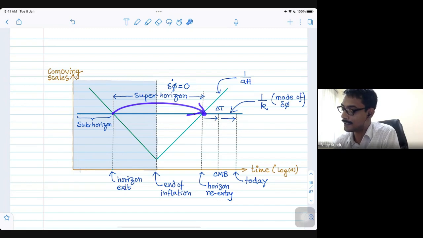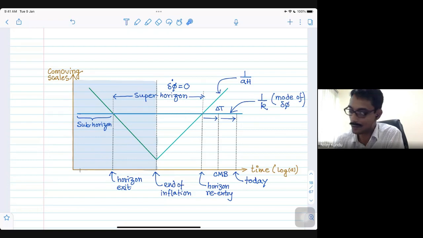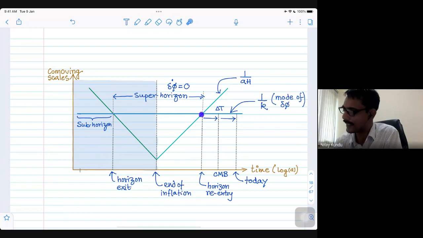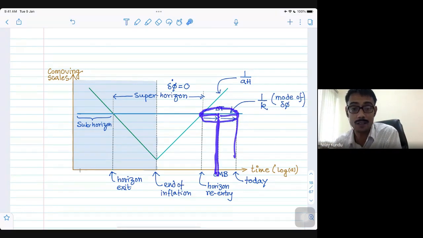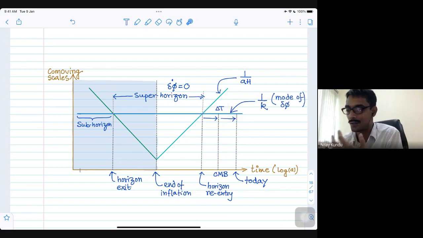But the physics starting from here is well known. This is standard Big Bang cosmology. So if we know the mode here, then there are standard techniques. You can write computer codes to translate it to the CMB when the CMB was formed, and then today. I'm not saying that this physics is trivial. It is non-trivial, but known. We know how any mode will evolve in a radiation dominated or matter dominated universe.